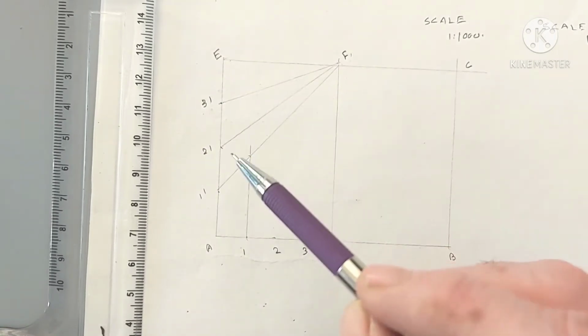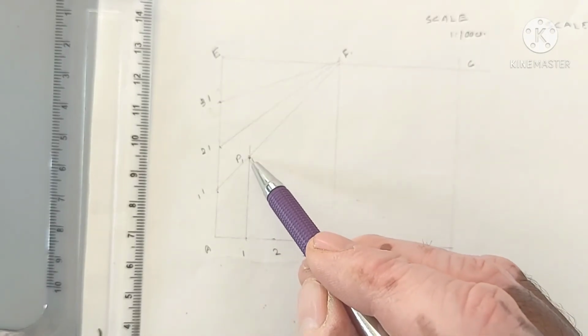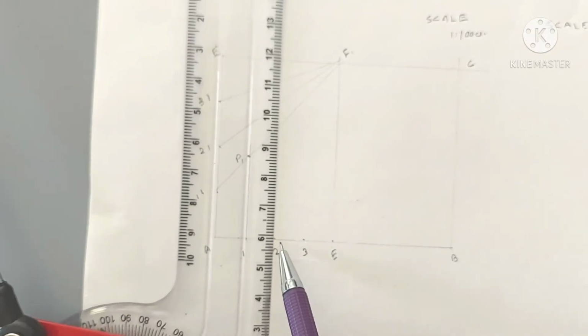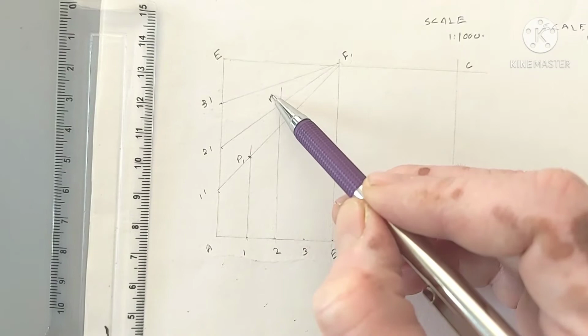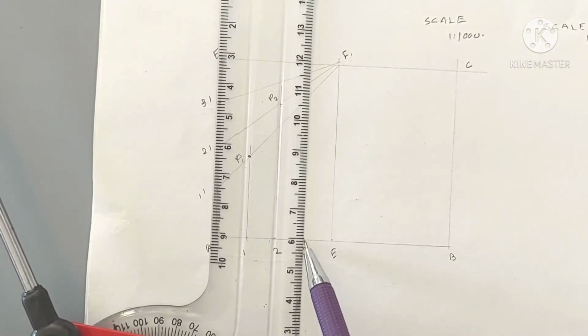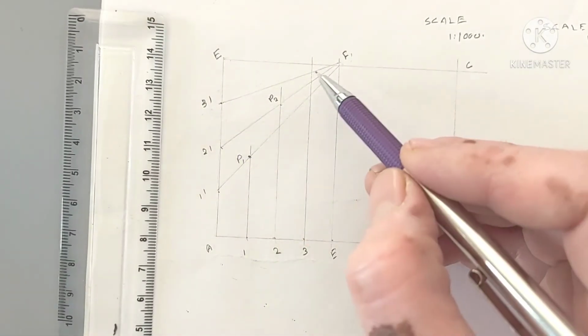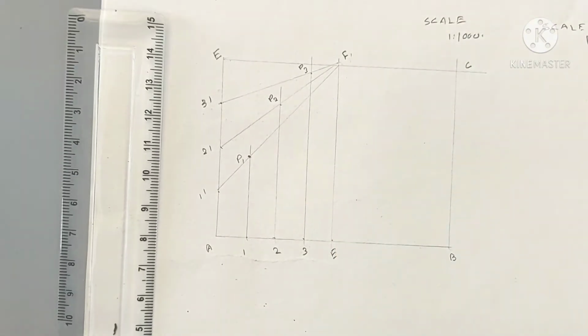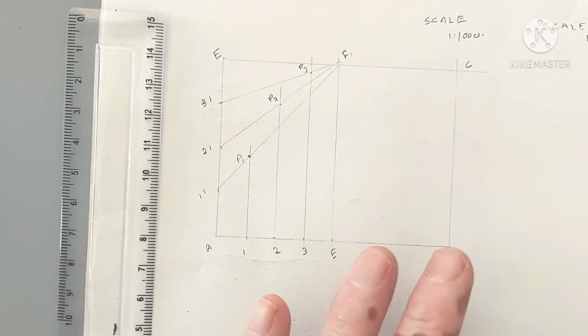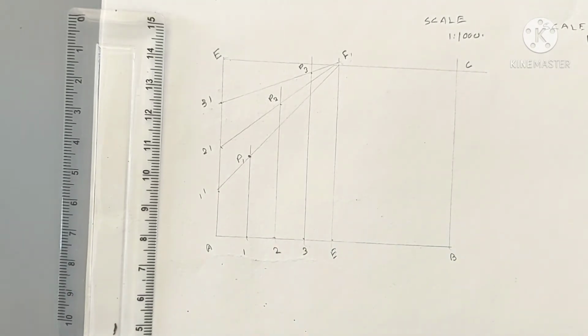So this is P1, where this intersects. Draw a vertical line from 2 up to F2 dash, that is P2. Draw a vertical line from 3 up to F3 dash, that is P3.